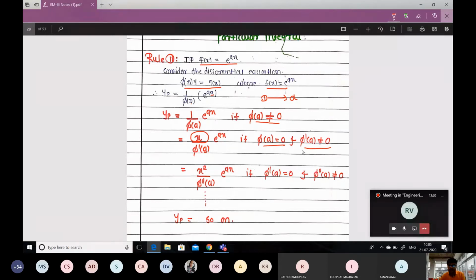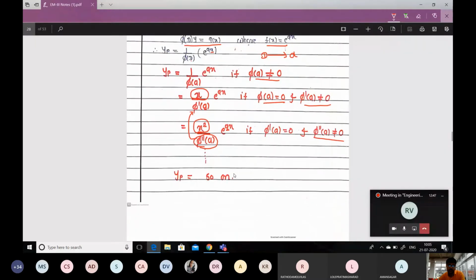And if phi dash of a is also equal to 0, then you have to again multiply by x, so you will get an x square term, and the double derivative of the denominator. Double derivative of the denominator means one more time you have to take the derivative of this term, and then replace D by a, provided that phi double dash of a is not equal to 0. You have to keep going on until you get a non-zero denominator.